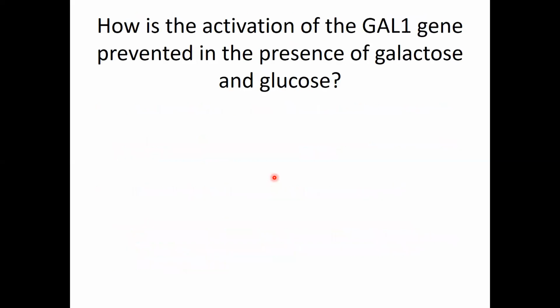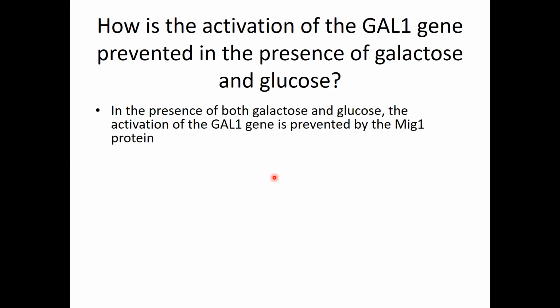Next, we have this question: how is the activation of the GAL gene prevented in the presence of galactose and glucose? As we've talked before, in the presence of both galactose and glucose, the activation of GAL1 is prevented by the MIG1 protein.